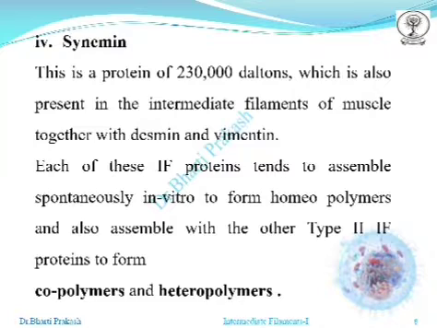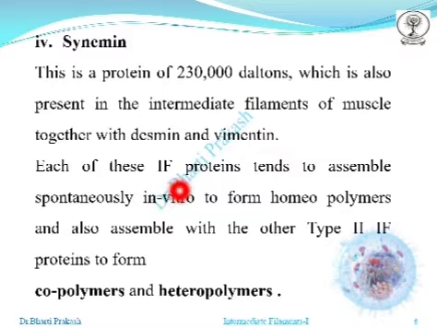Now the fourth type, which is the synemin. This is a protein which is very heavy, 230,000 daltons, which is also present in the intermediate filaments of muscle together with the desmin and vimentin.